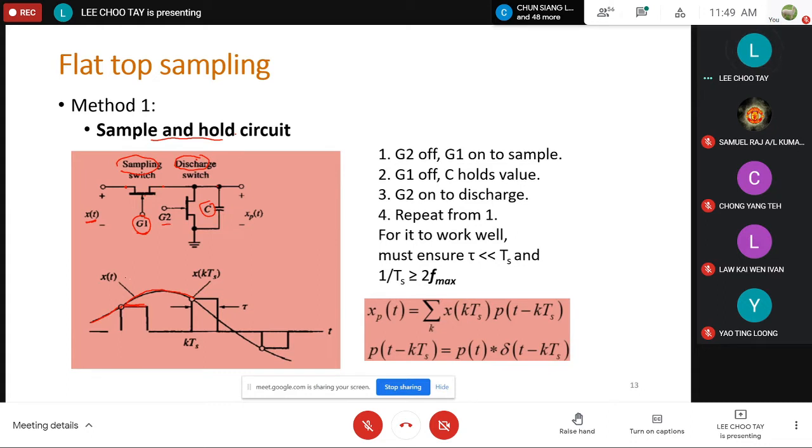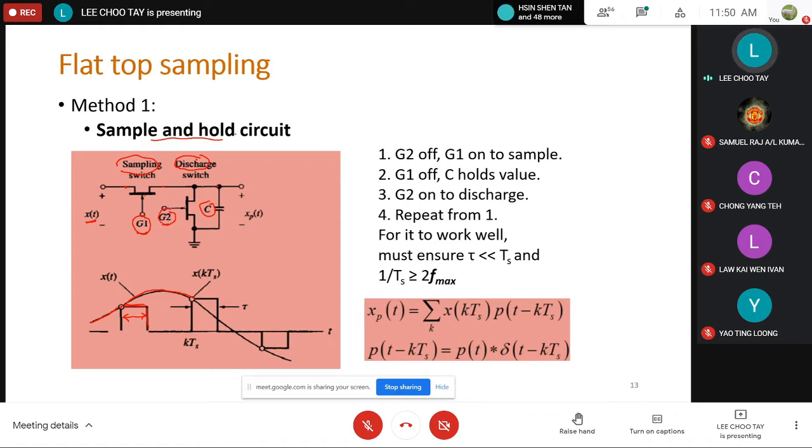That will be for the duration of the pulse, how wide we want our pulse wave to be. And when we need to turn off our pulse, we turn on G2.